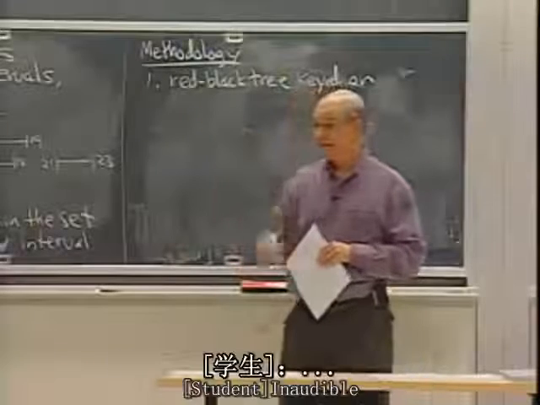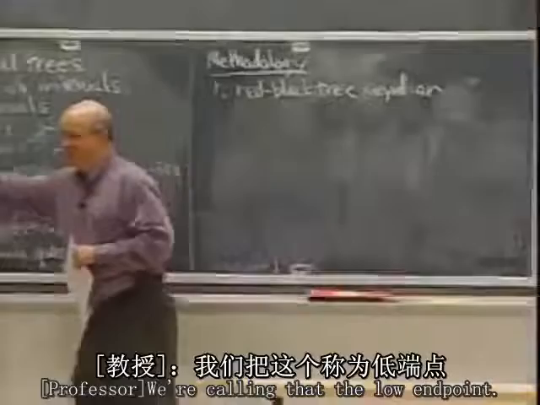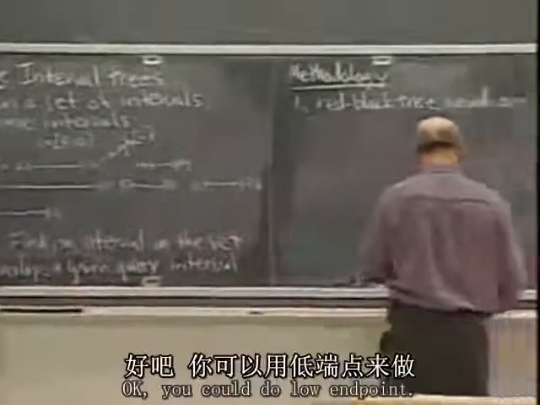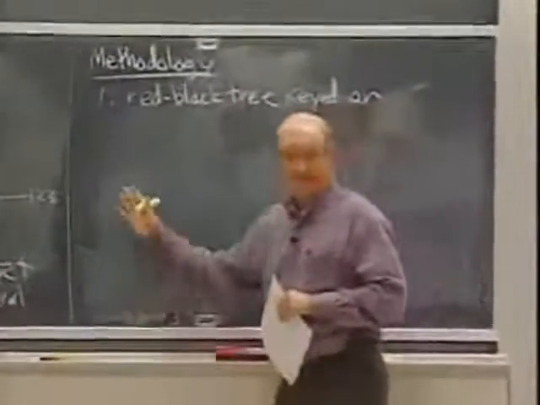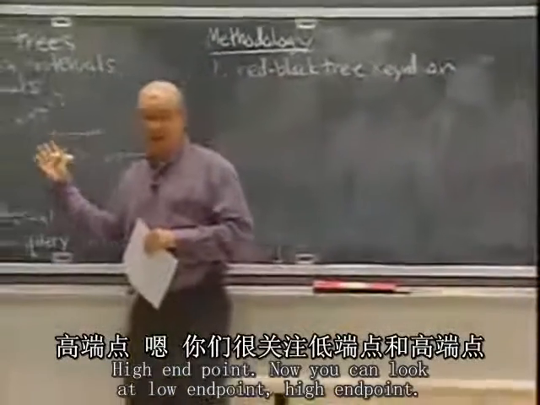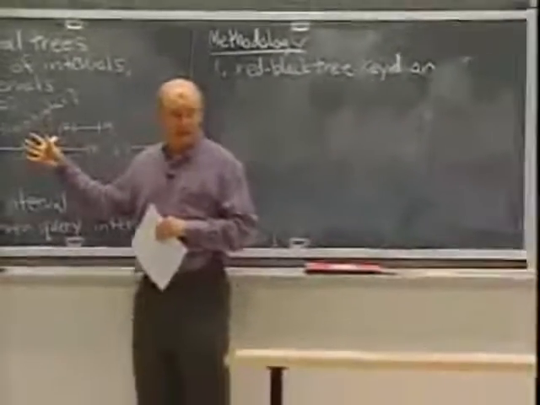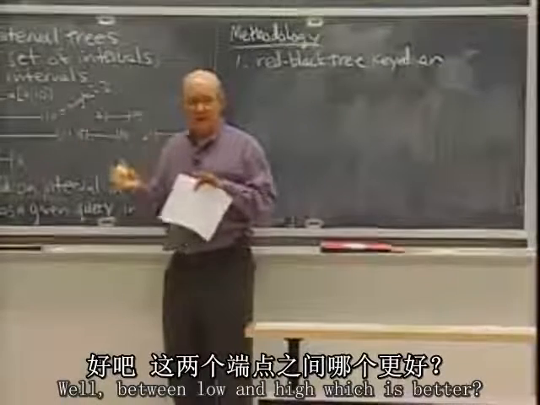Yeah, so we're calling that the low. The low endpoint. Okay. You can do low endpoint. What other ideas are there? High endpoint. Okay, now you can look at low endpoint, high endpoint. Okay. Well, so between low and high, which is better?